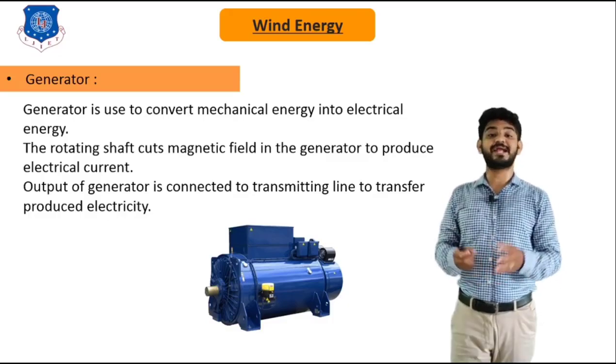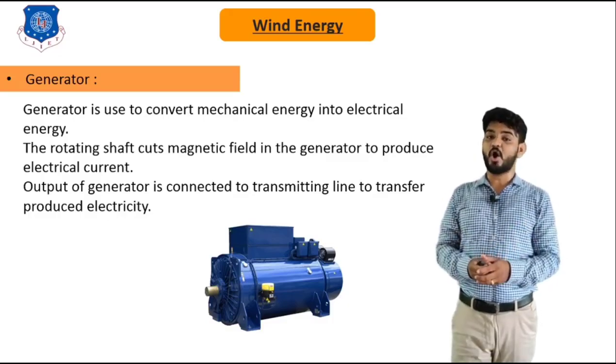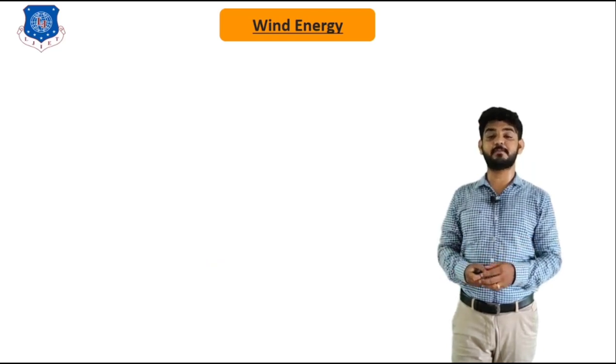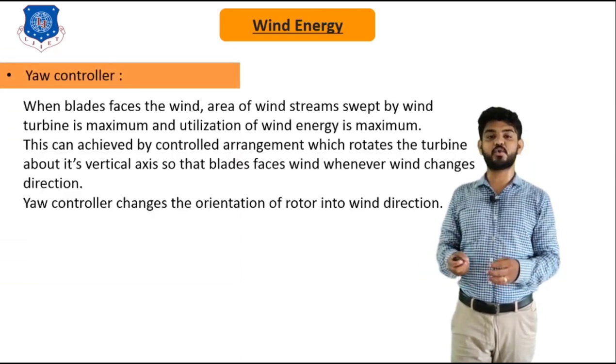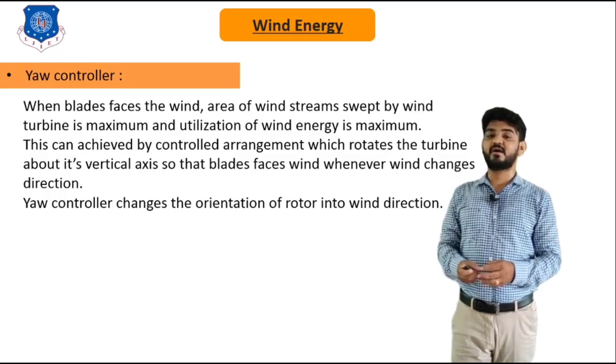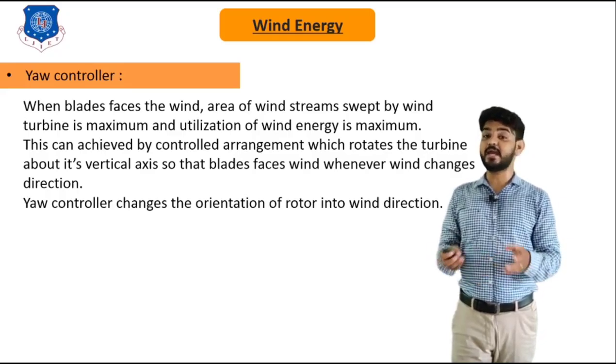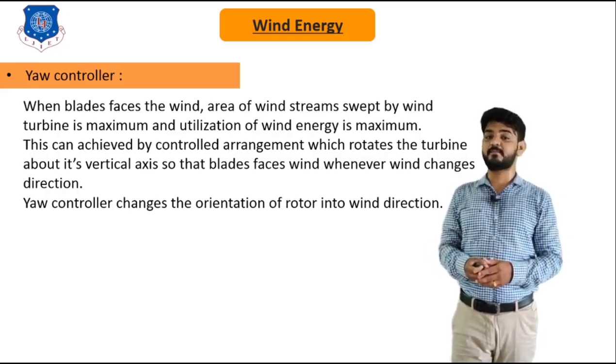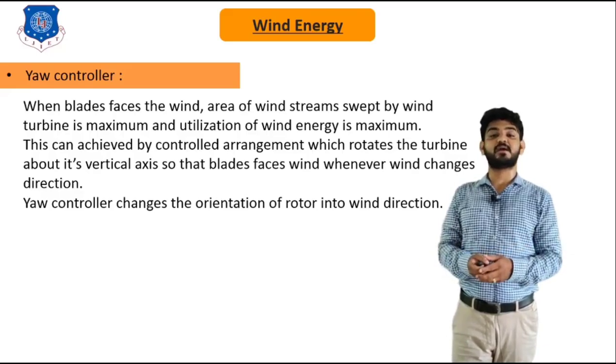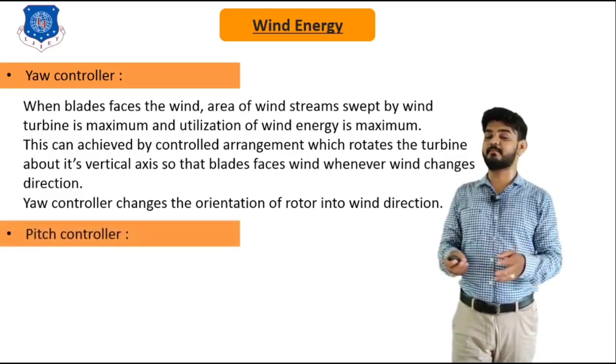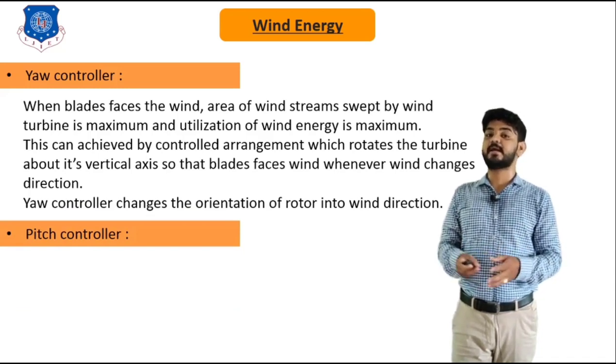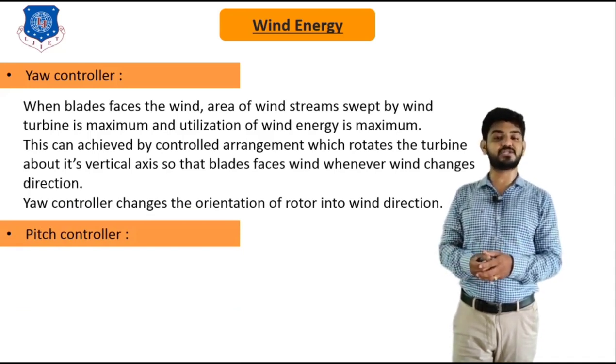Now let's move to the next component of the wind energy conversion system, and that is the yaw controller. When the blade faces the wind, the area of wind stream swept by the wind turbine is maximum, and we can utilize this wind energy to its maximum potential.